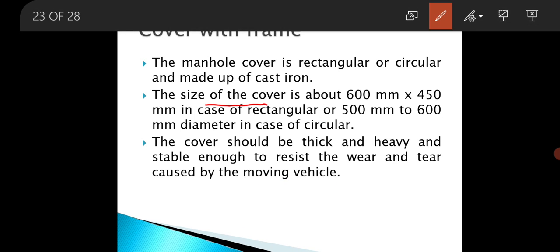Size of the cover is about 600 mm by 450 mm in case of a rectangular manhole and 500 mm to 600 mm diameter in case of a circular manhole, and the circular covers are generally used.